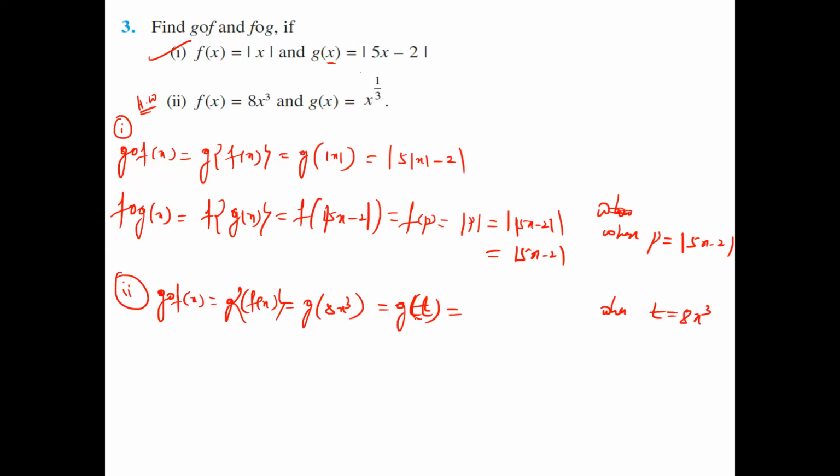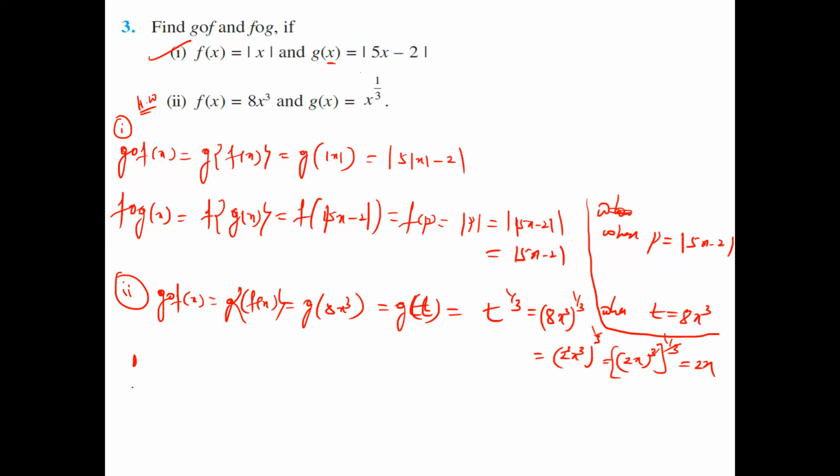Now this one write as, what is the G of T value? T to the power 1 by 3. What is the T value? 8X cube to the power 1 by 3. So this can be done as (2X) whole cube to the power 1 by 3. Okay. Now here 2 cube. So this one write as (2X) whole cube to the power 1 by 3. So 3 gets cancelled. What is the answer? 2X.